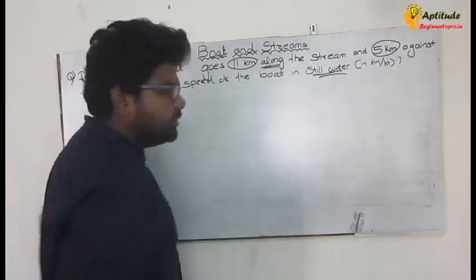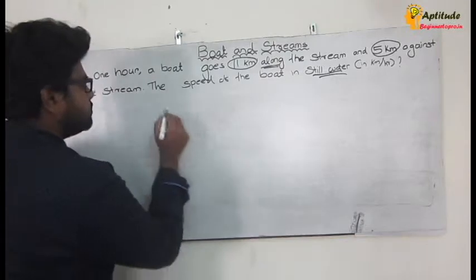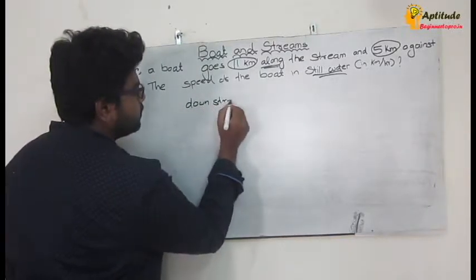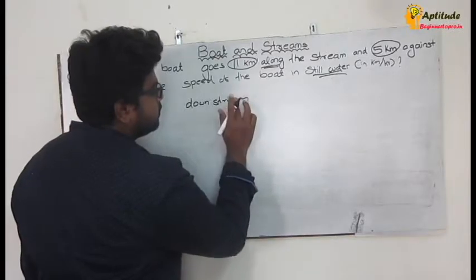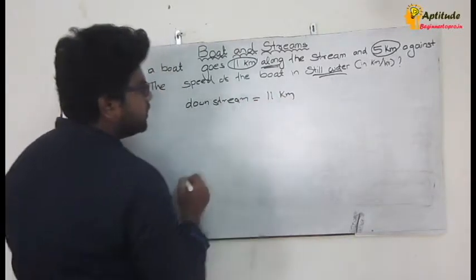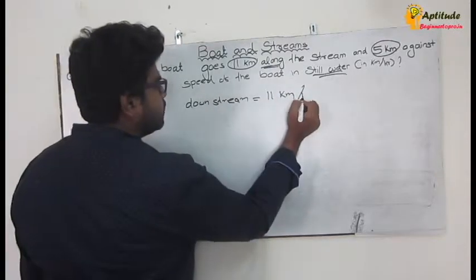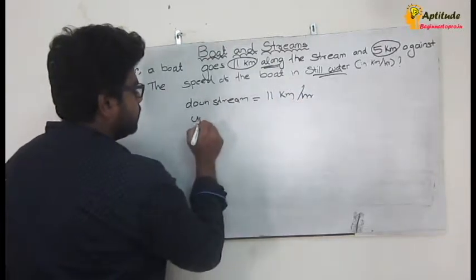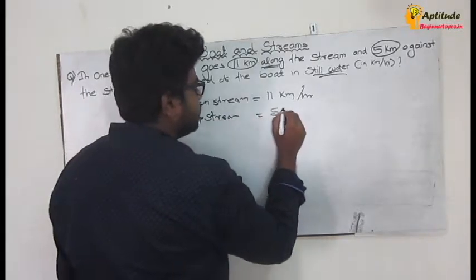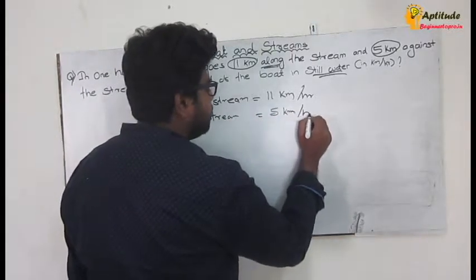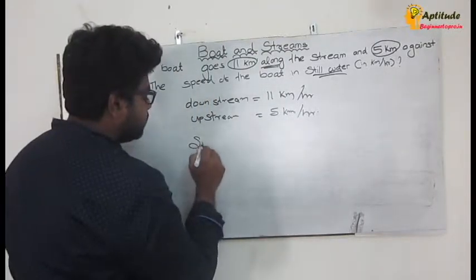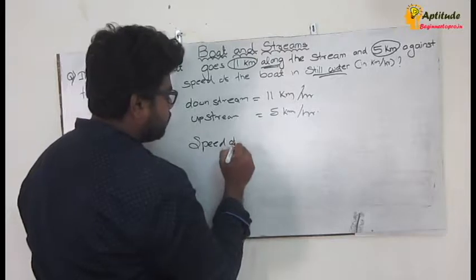So downstream speed is 11 kilometers per hour, upstream speed is 5 kilometers per hour, and it asks about the speed of the boat.